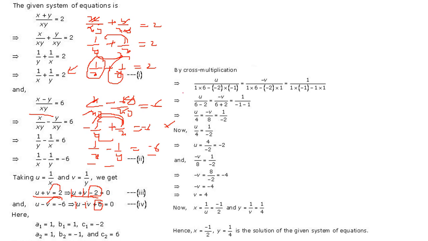Now you just cross multiply and then u and v will come, and when u and v will come, you know that u is 1 by x, so you just take reciprocal of this, 1 by minus 2, that is minus 1 by 2. Take reciprocal of this, that will be 1 by 4. So x and y are these values.